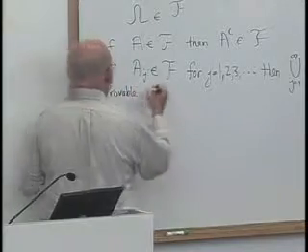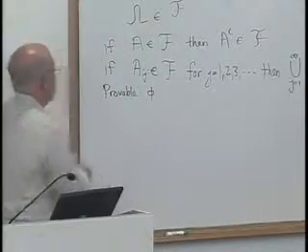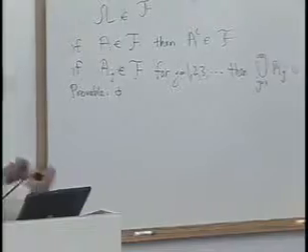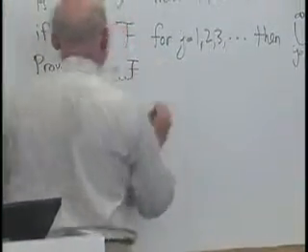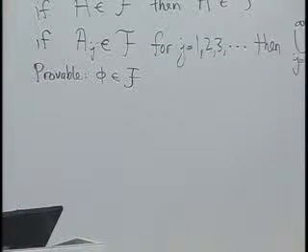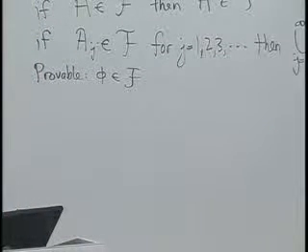I proved these things last week. The null event is in the event space. It will have a probability of 0, but we need it there so we can talk about it.